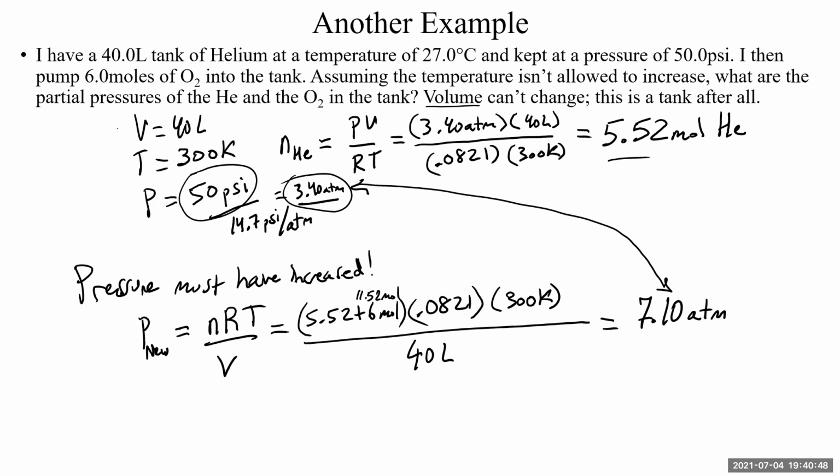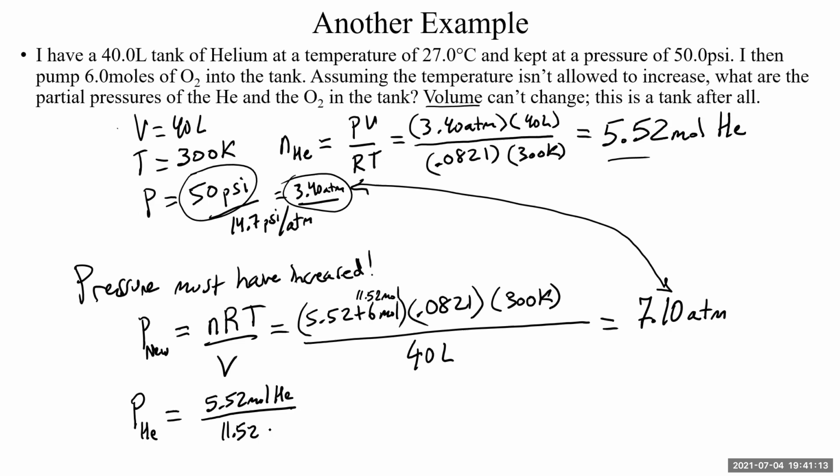So what is the partial pressure of each one of these? Well, we just take our mole fraction times the total pressure. Since helium came first, let's say the helium. Partial pressure of helium is going to equal our mole fraction of helium, which is 5.52 moles of helium divided by 11.52, our total moles.